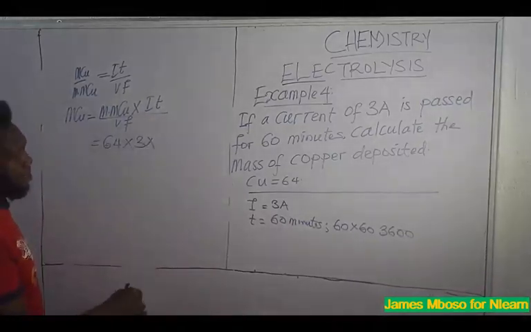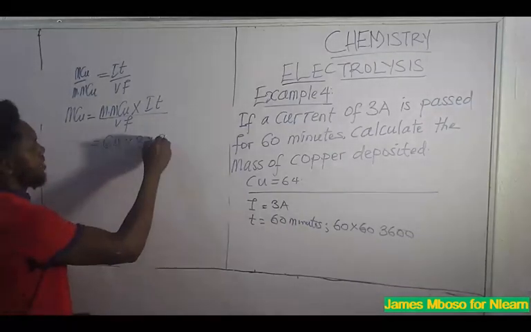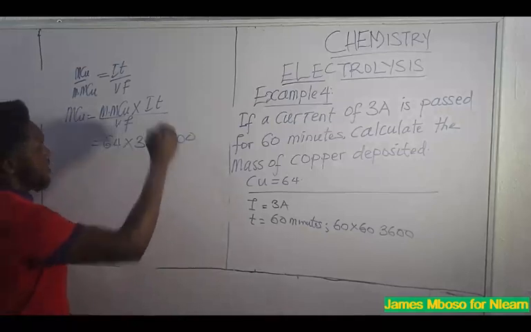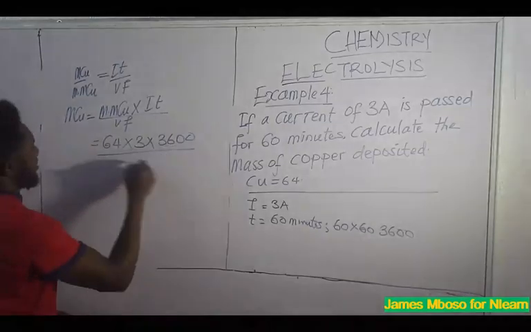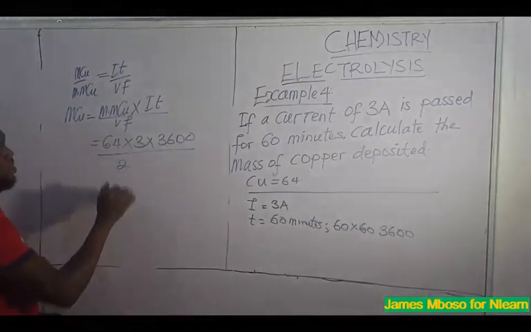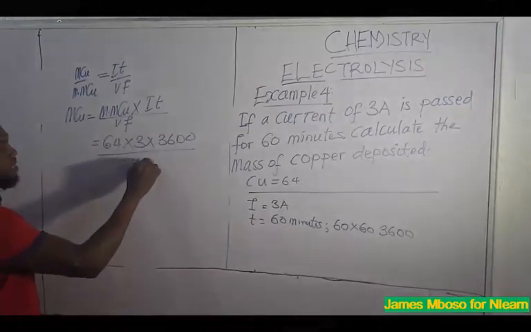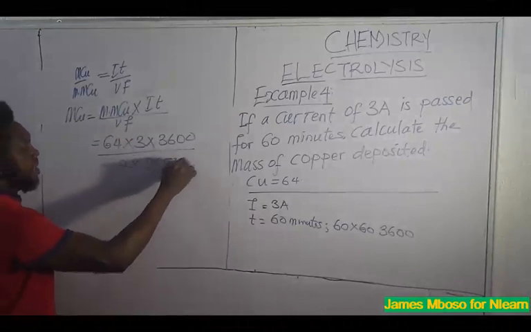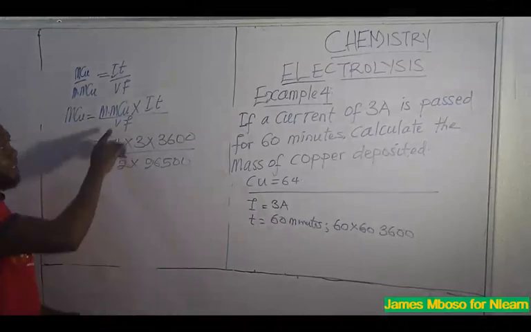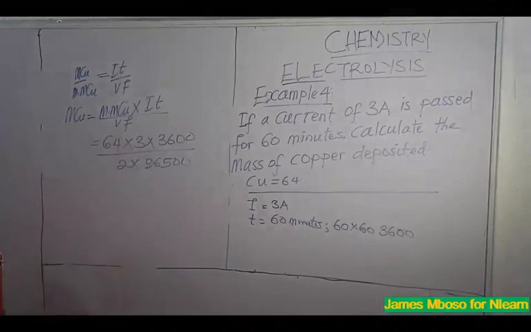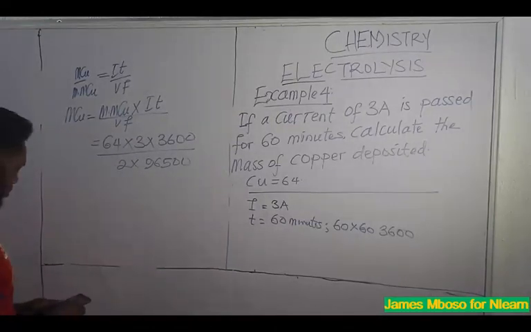Our T in the question is 3,600 seconds. Our valency is 2. Our Faraday constant is 96500. I believe we are all familiar with the valency now. The valency of copper is 2.